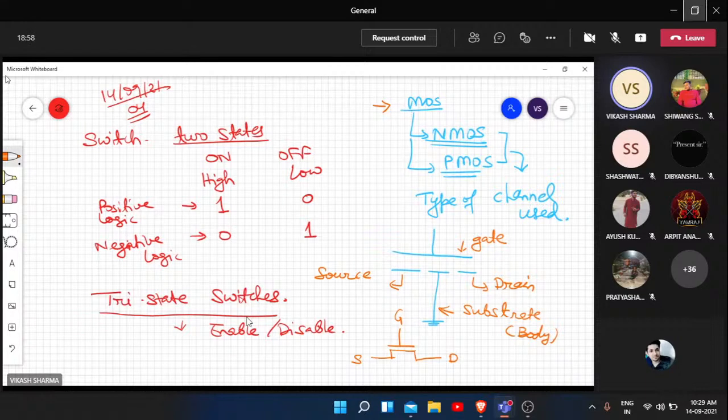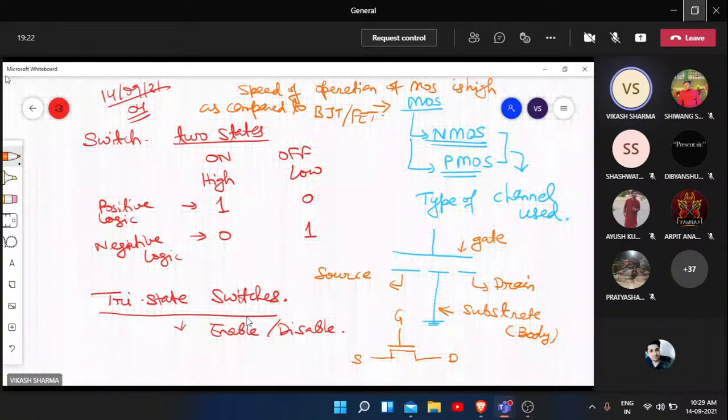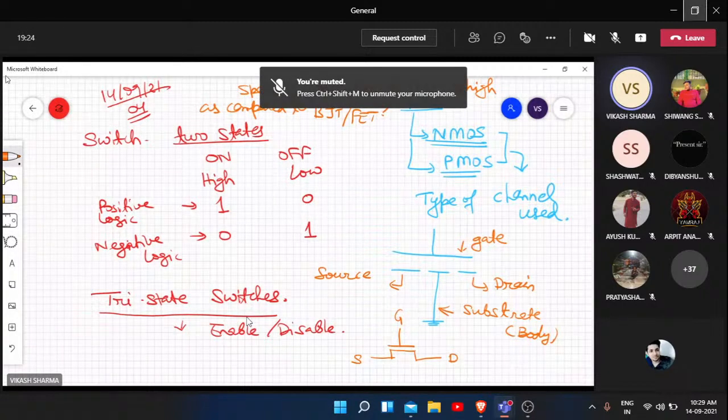So the speed of operation of MOS is high as compared to BJT and FET. That is true, that the speed of operation of MOS is high.